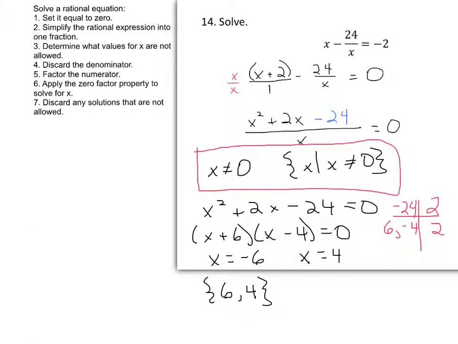But we need to remember our last step, which is to discard any solutions that are not allowed. Well, x cannot equal 0, but that's not in our solution set, so we don't have to discard anything. And our answer, I'll write it up here in case you can't see it, our answer is the set containing -6 and 4.